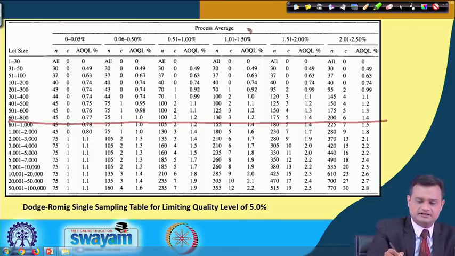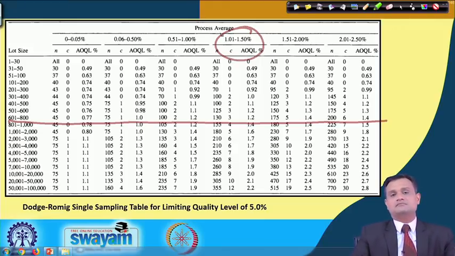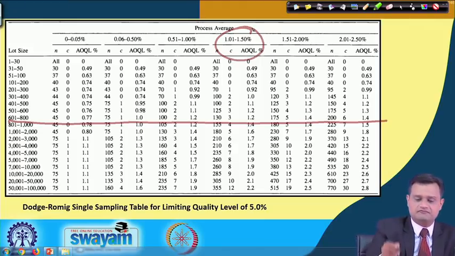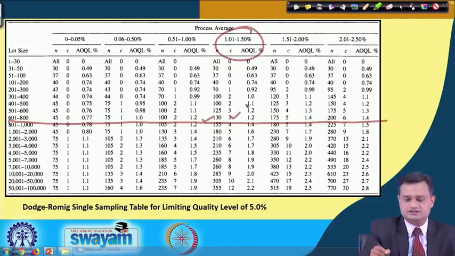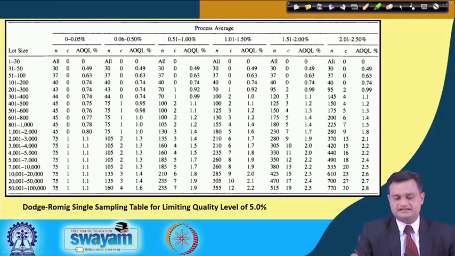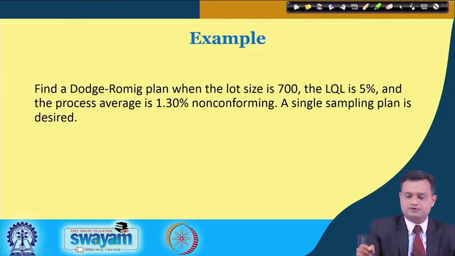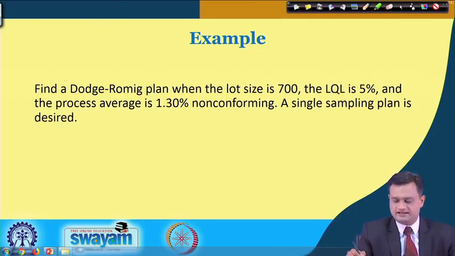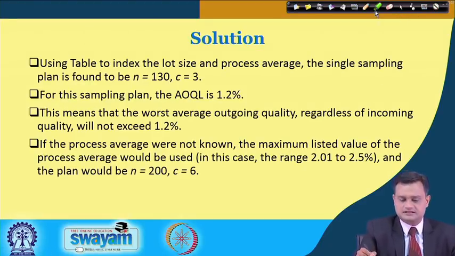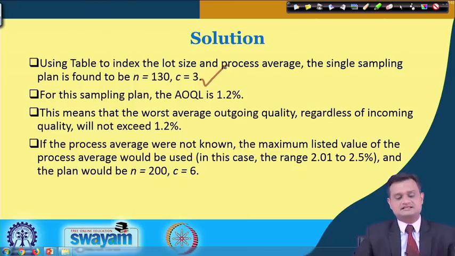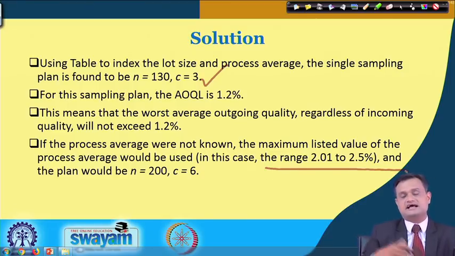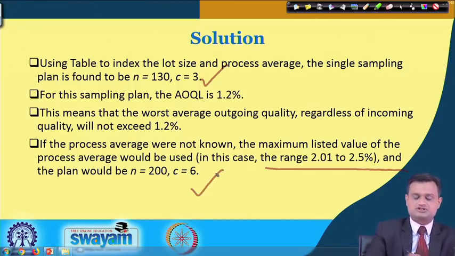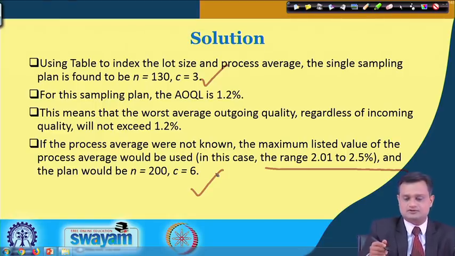If you are given the process average, then for 1 to 1.5% it would be 130 and 3. So both I have explained: if I have the process average 1.3%, in that case what I will get is this, n is equal to 130 and c is equal to 3. If I do not know the average, I will take the maximum value of the process average, the worst case, n is equal to 200 and c is equal to 6.